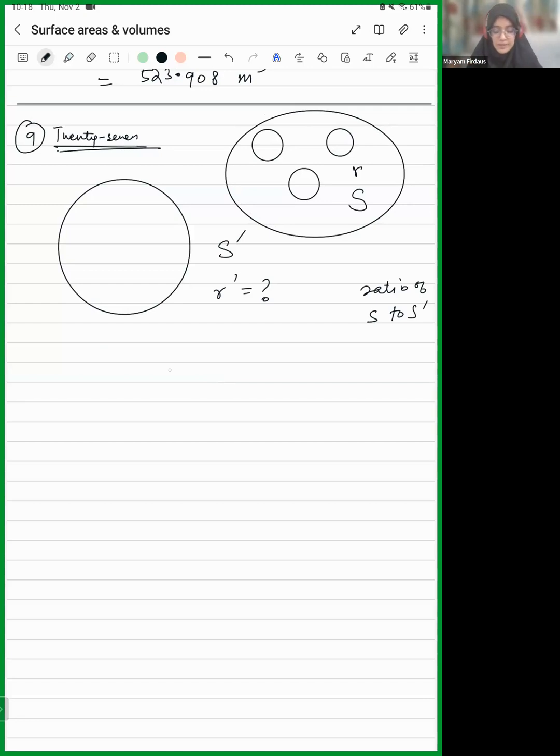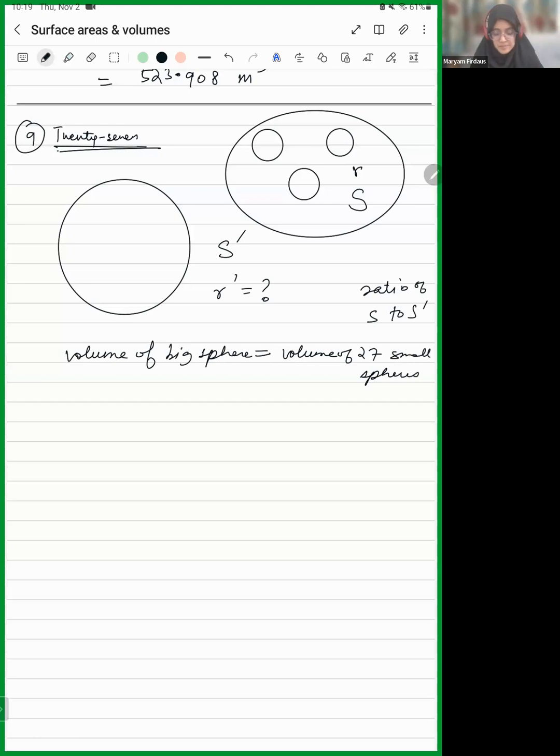So volume V dash is going to be equal to the same. See, volume of big sphere is equal to volume of 27 small spheres. Till here, is it clear?